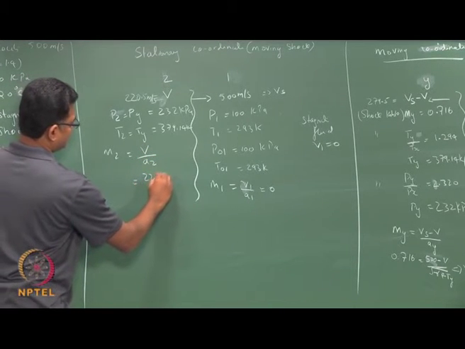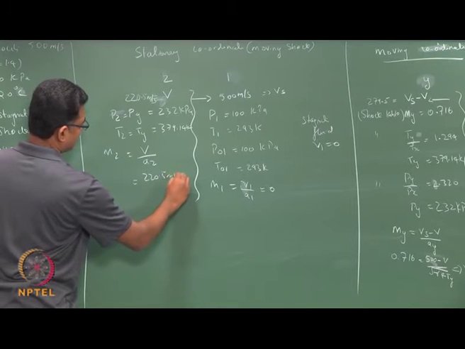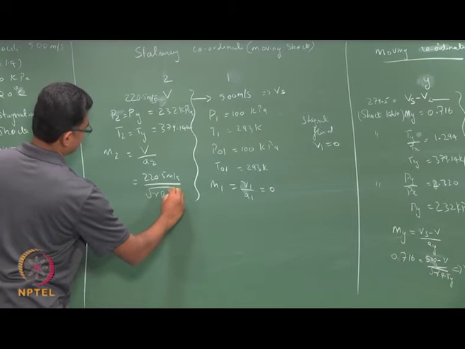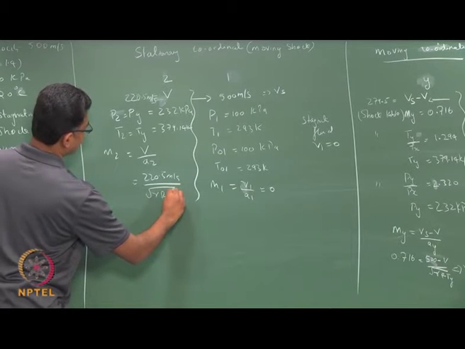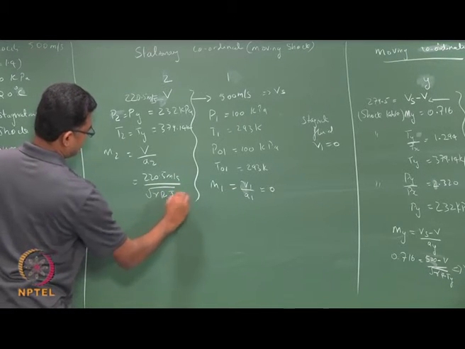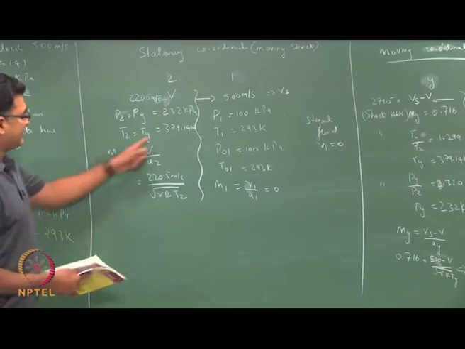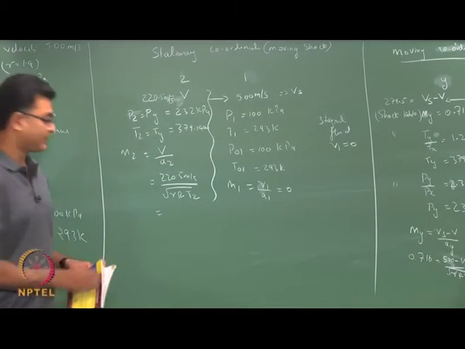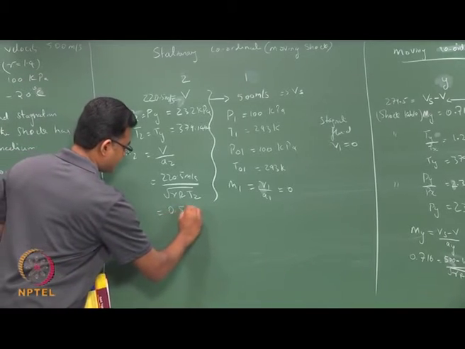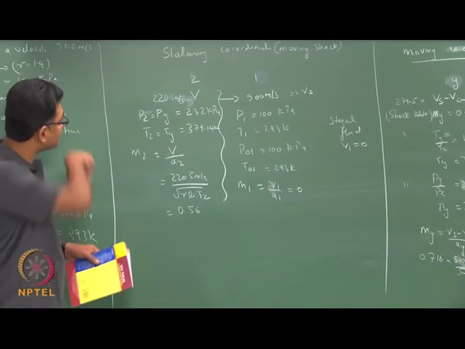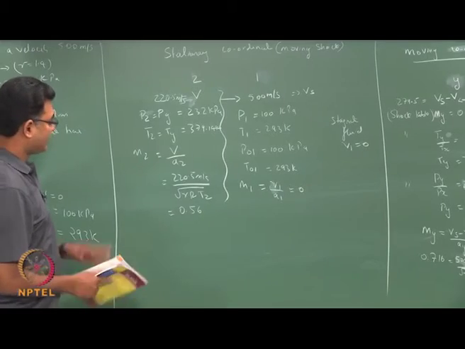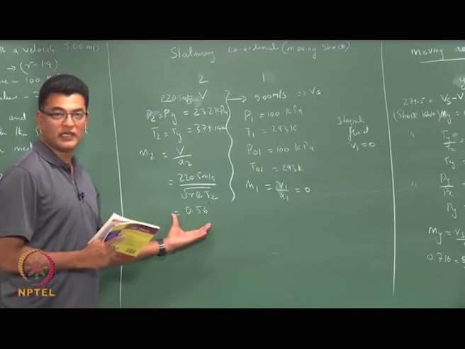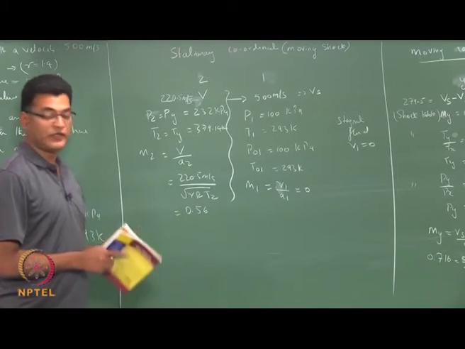V is 220.5 meters per second divided by gamma R T2, Ty is 379, and this is 0.56. Okay. So a stagnant fluid is there, a shock comes and moves, it gains this much velocity, 0.56.